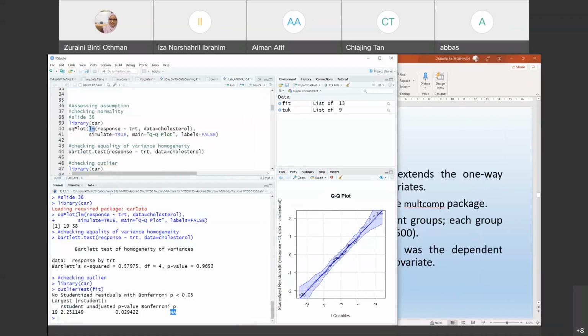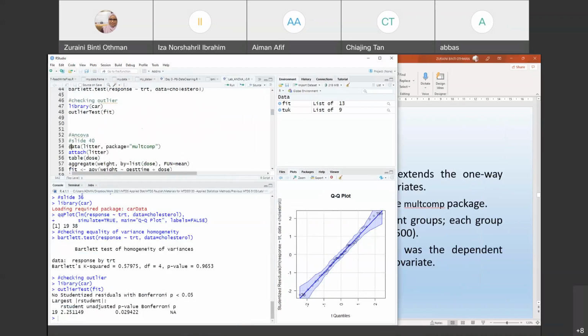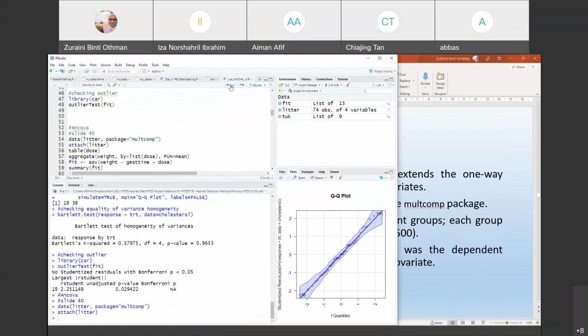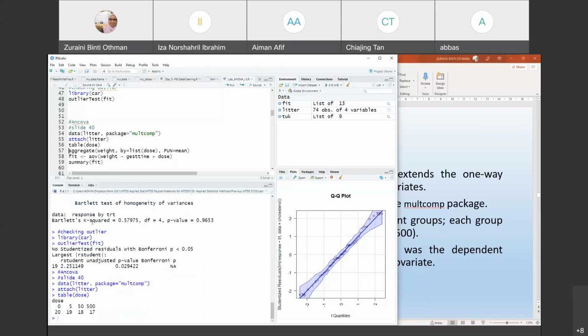Here we use the data litter from the package multcomp, and we attach litter. Then this is aggregate, where we get the value in terms of mean, the mean of each group.